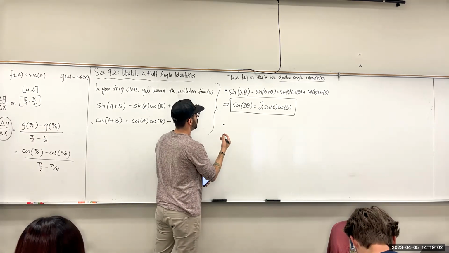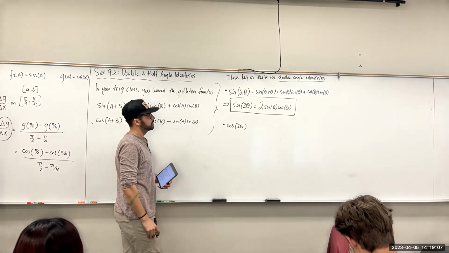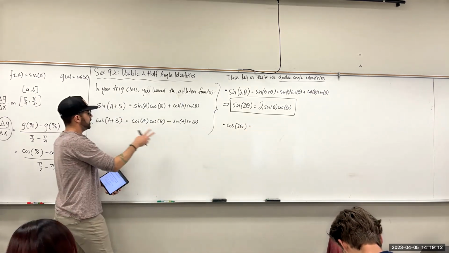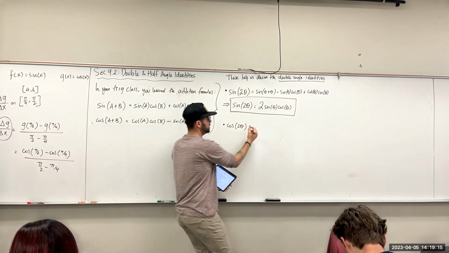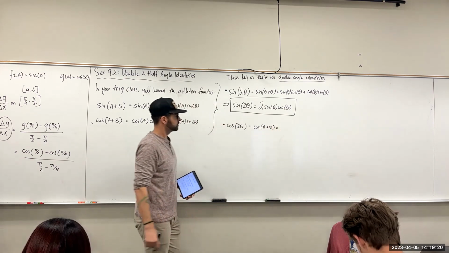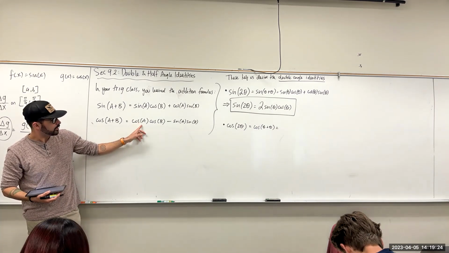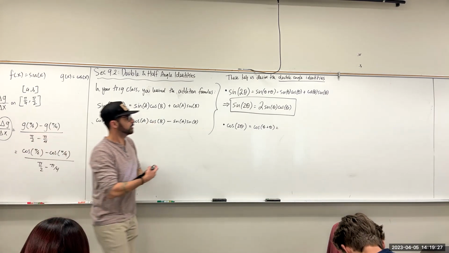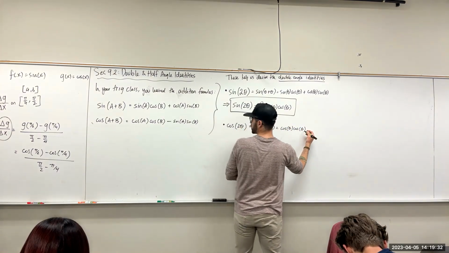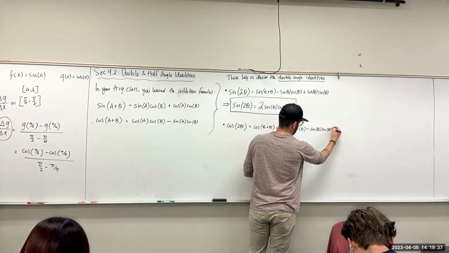And so we do a similar thing for the cosine one. This one doesn't turn out to be as pretty. Well, kind of. 2 theta is just the same angle being added twice. So this would be cosine theta times cosine theta, minus sine theta times sine theta.